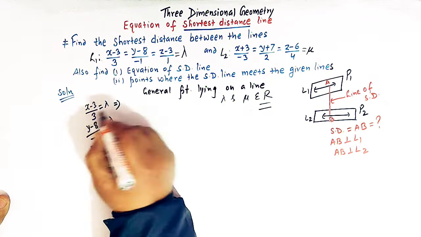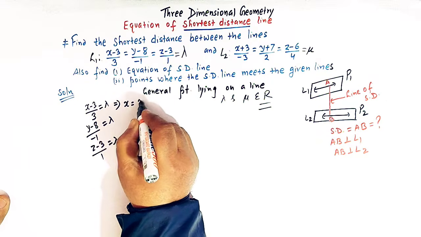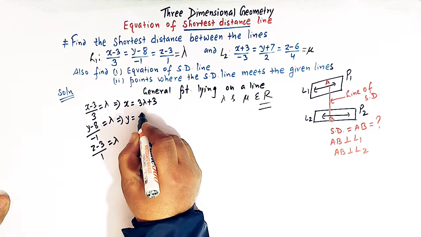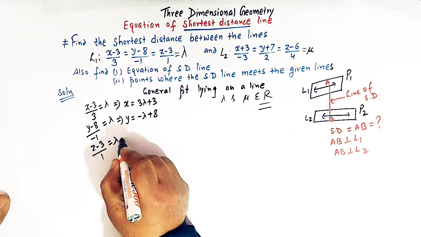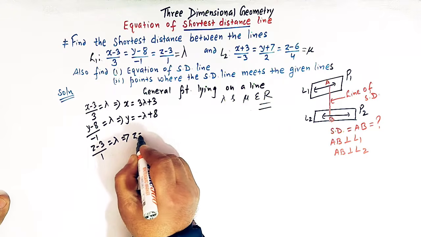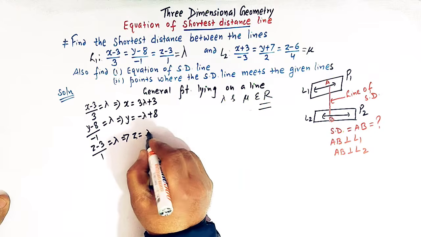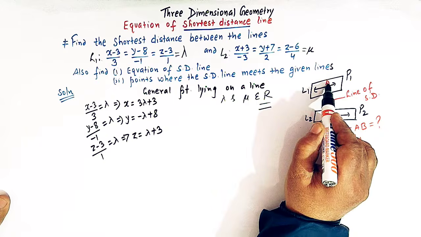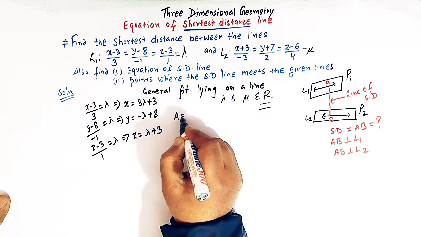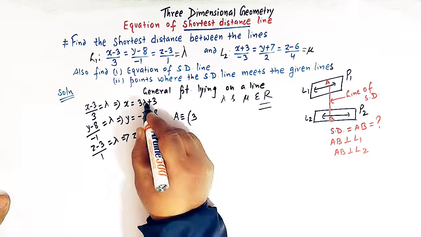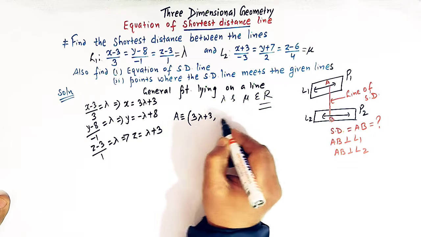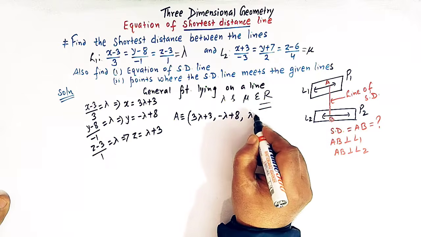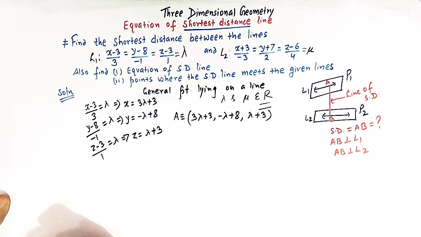So x is equal to 3 lambda plus 3, y is equal to minus lambda plus 8, and z is equal to lambda plus 3. So the coordinates of this point A may be taken as (3 lambda plus 3, minus lambda plus 8, lambda plus 3).